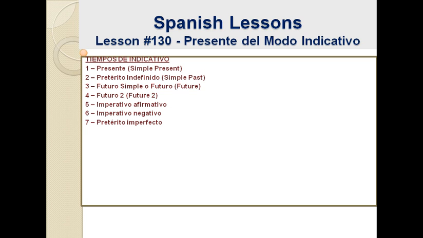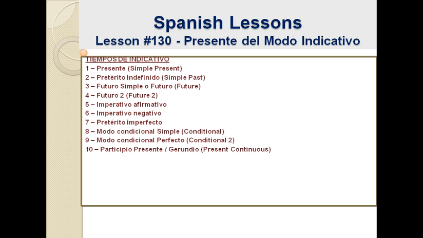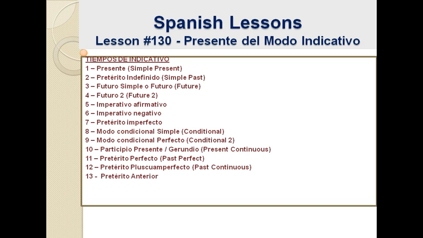We will see the pretérito imperfecto, the modo condicional simple, modo condicional perfecto or compuesto, participio presente or gerundio, this is what we call present continuous in English, pretérito perfecto or past perfect. We will learn pretérito pluscuamperfecto, or what we call past continuous in English, pretérito anterior, and futuro perfecto, right?